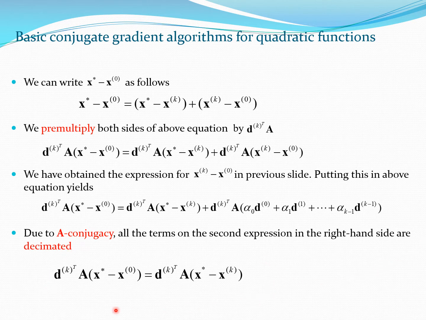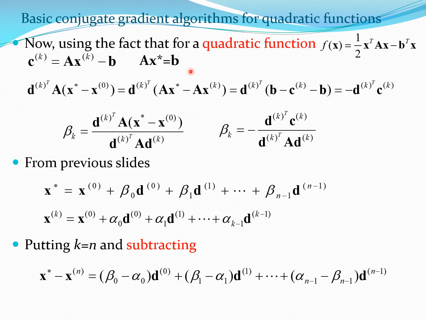Now we are going to further simplify this equation. To do that, we go back to our quadratic function and we realize that if we were to differentiate this quadratic function and get the gradient, we would get ck is A xk minus b from direct differentiation. And also at the optimal point this gradient would be 0. So if we set A xk minus b equal to 0, we get A x star is b, where x star is the optimal solution.